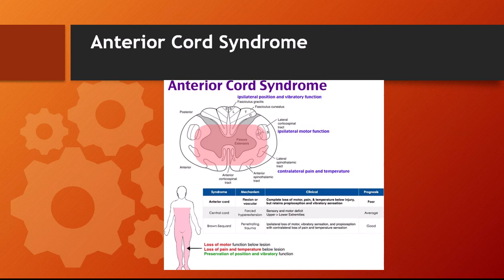If this is disrupted, it's possible that a patient could have anterior cord syndrome not from a spinal injury, Muna, but actually from atrial fibrillation. Why would that cause it? Why is it possible that atrial fib could lead to anterior cord syndrome?